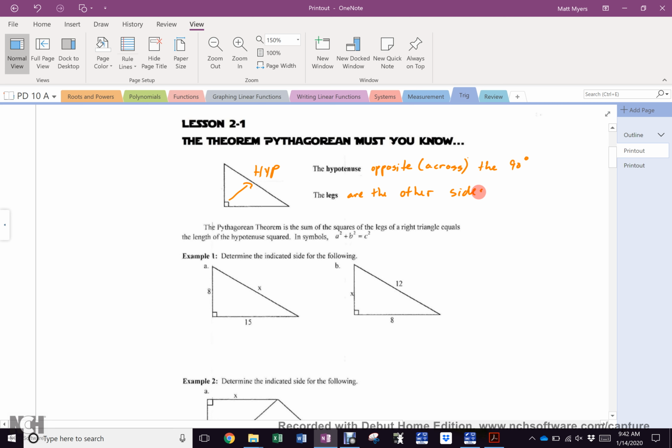Now, you have all been taught this for Pythagoras. All of you. Which makes me want to take my pen and stab it in my eye.